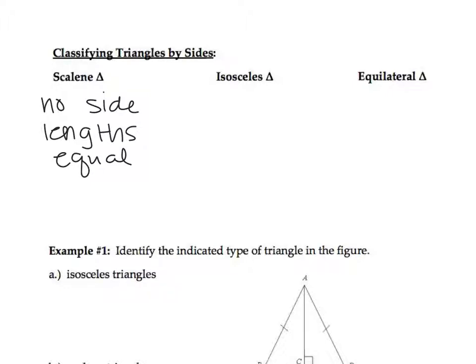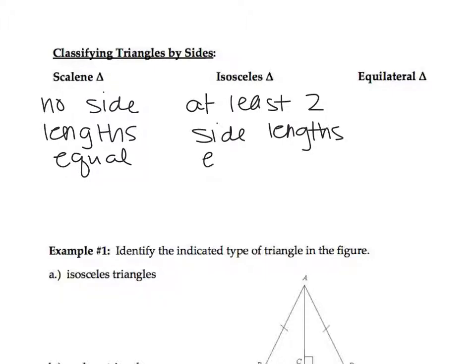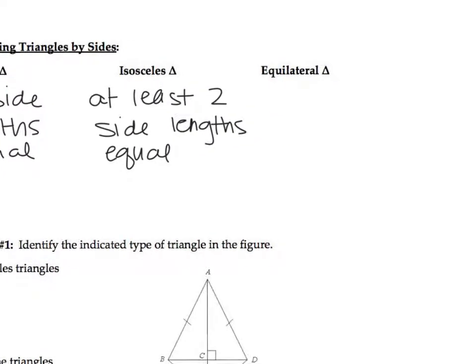Next, we have an isosceles triangle, which is when at least two side lengths are equal. And lastly, an equilateral triangle, which is when all three side lengths are equal.